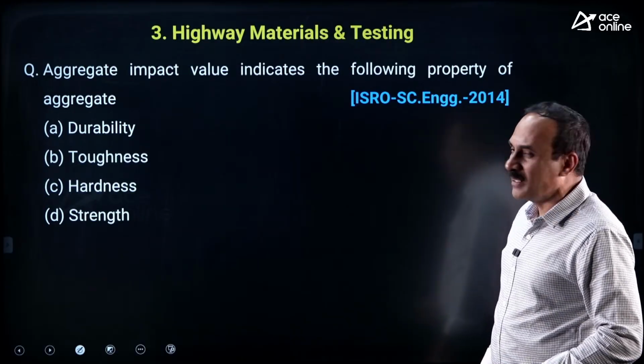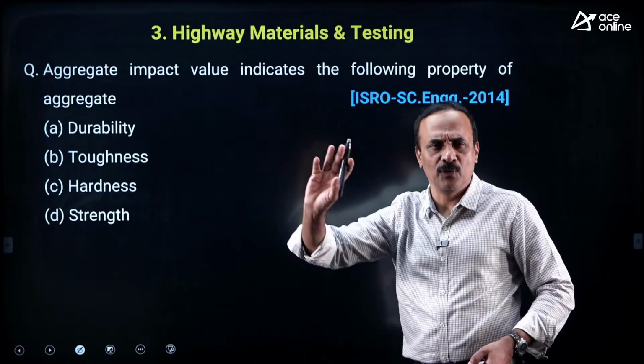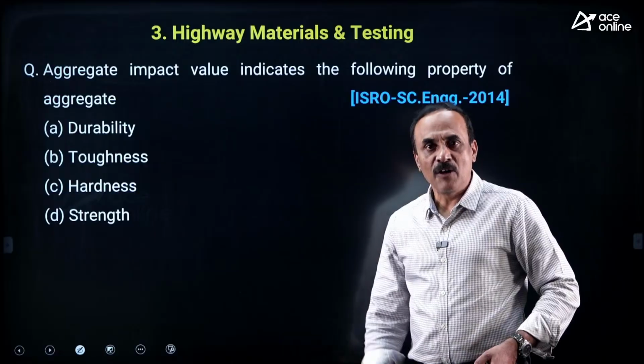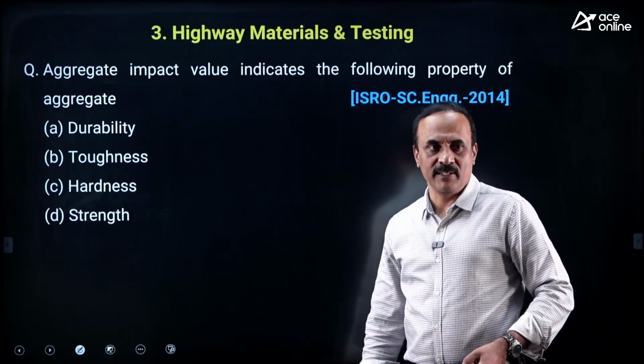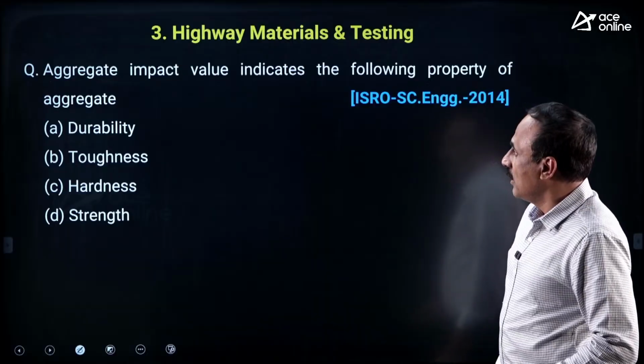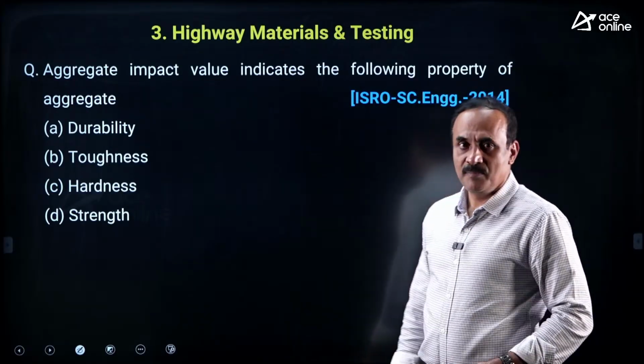Now, highway material and testing, very commonly questions are coming up, especially we need to see here aim apparatus and specifications of aggregate testing and bitumen testing. See it and tell me the answer. Aggregate impact value indicates the following property.